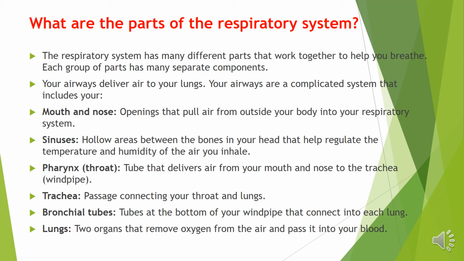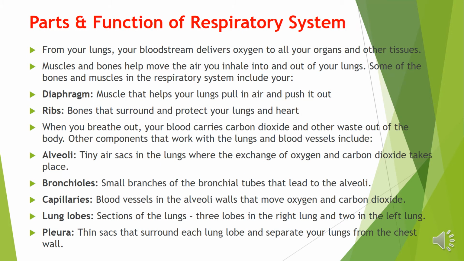Our lungs, we have two organs that remove oxygen from the air and pass it into your blood. Remember, my dear viewers, the parts and function of our respiratory system: from your lungs, your bloodstream delivers oxygen to all your organs and other tissues.